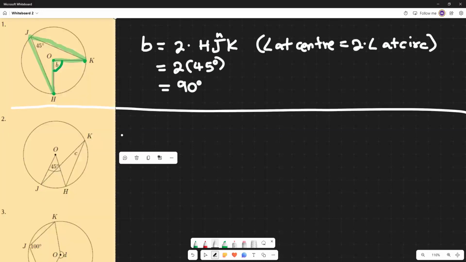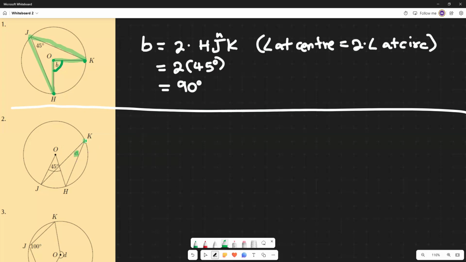Let's now go to 2. On 2, I'm looking for C. Remember, I always check where C is. C is on the circumference, right? It's here. So I'm going to check where this comes from.